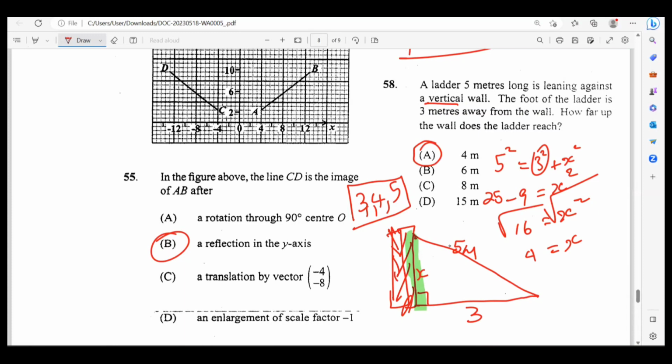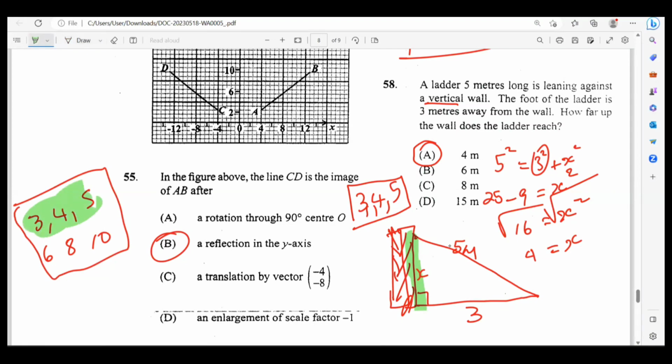All right. There's another one that they might use, and they use multiples of these as well. So I mean, 3, 4, 5. They could say 6, 8, 10. I could go countless, but I'm saying that they will give you numbers that can easily work out. But the real thing is this is the original.